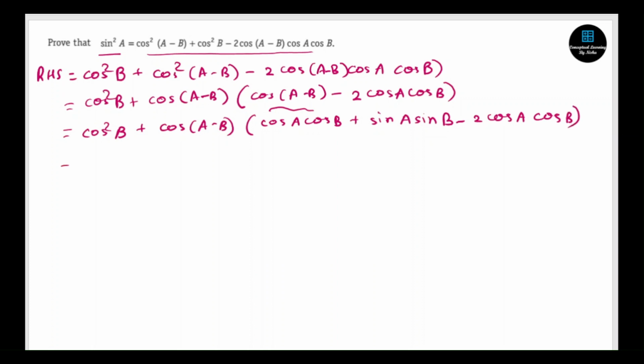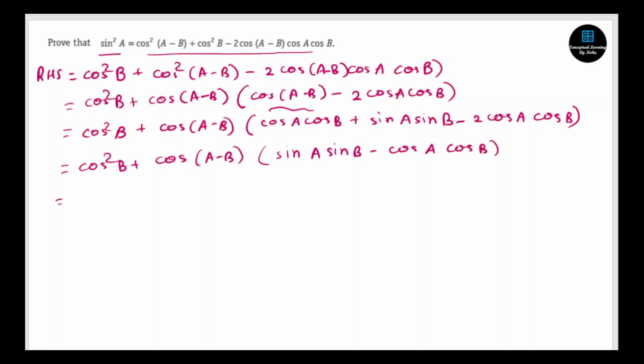And then I can write this as cos square B plus cos A minus B, and then I'll get sin A sin B minus cos A cos B. Correct?